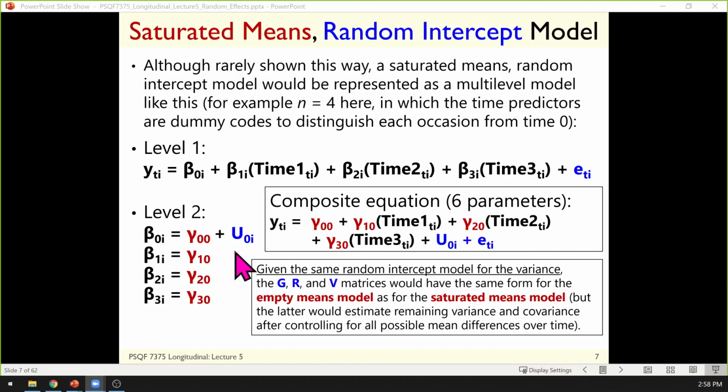Because if you only have 2 points for people, the line is going to fit it perfectly. So if you only have 2 occasions, you can either give each person their own slope, or you can have a residual variance left over, but you can't have both. They're the same thing. So 3 is the minimum to play.